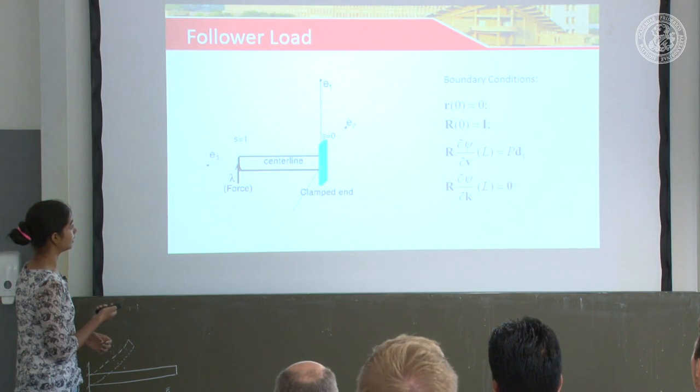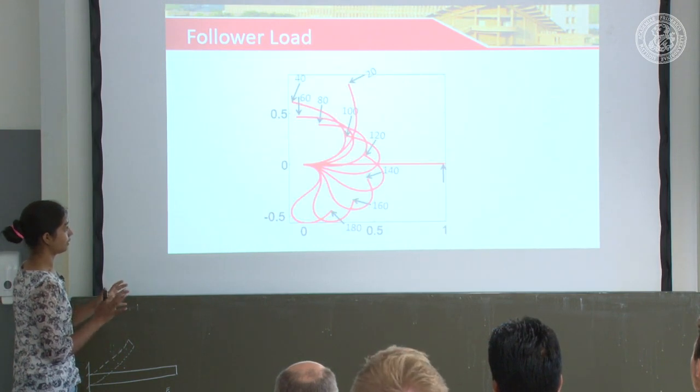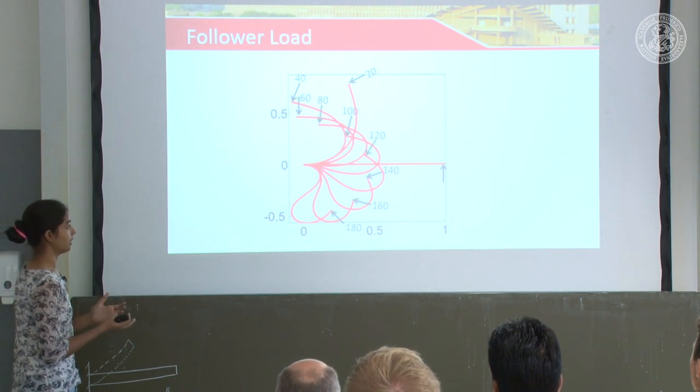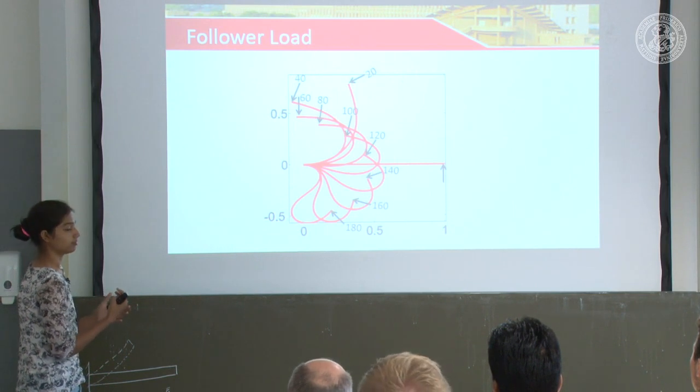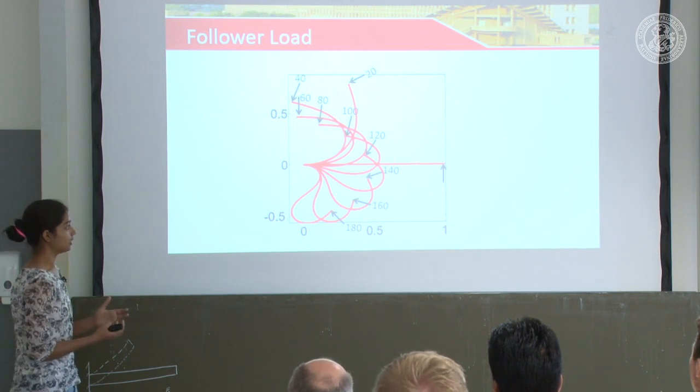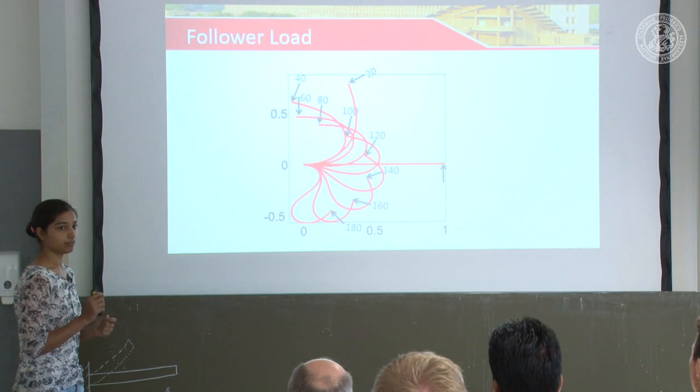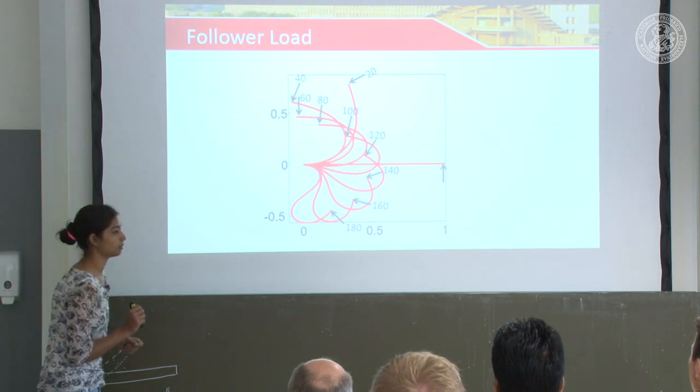So this kind of plot we get after how the rod deflects when we apply the load, the follower load. We can show the animation also for the follower load problem.